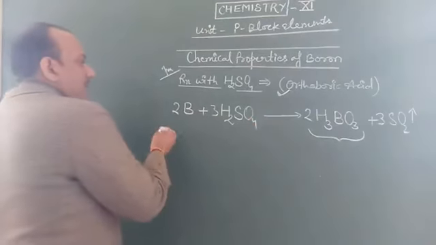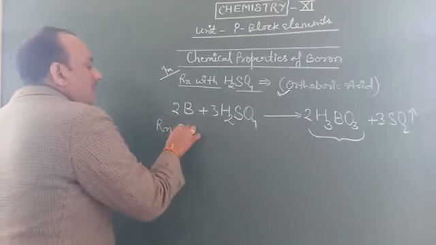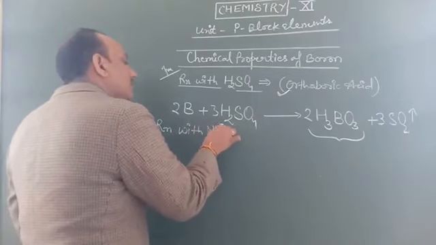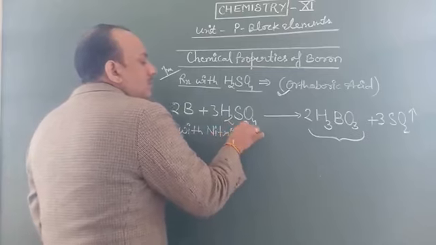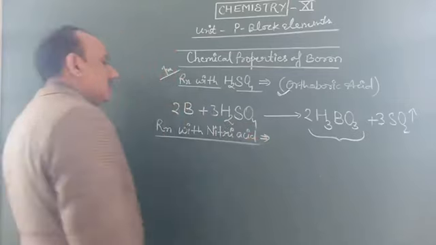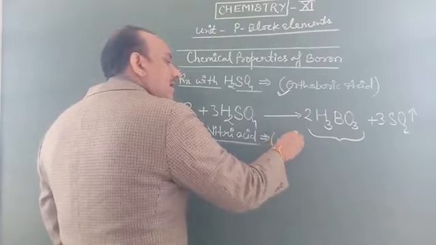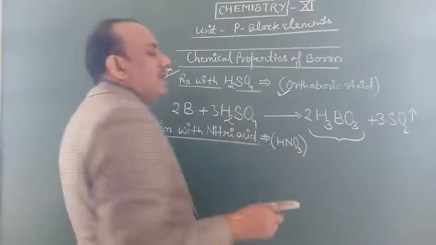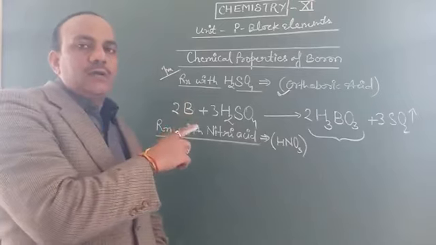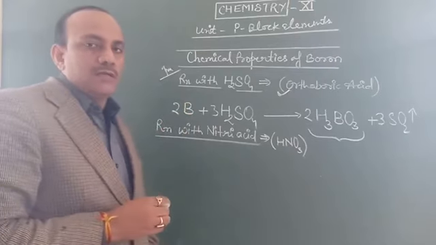Now next chemical reaction is reaction with nitric acid. The formula of nitric acid is HNO3. It is also oxidized by boron to form the same product as in the reaction with sulfuric acid. It makes orthoboric acid.